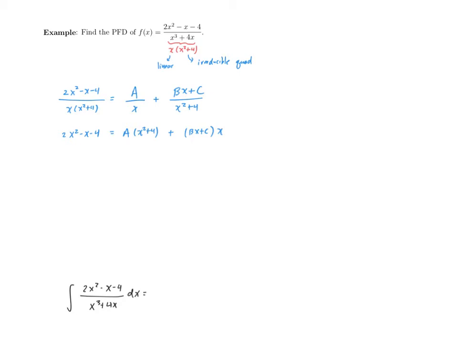And in this case, we most definitely have one. If we let x be equal to 0, the bx plus c term vanishes. And if each and every x term becomes 0, our equation is now minus 4 equals a times 4. So a in this case is minus 1.